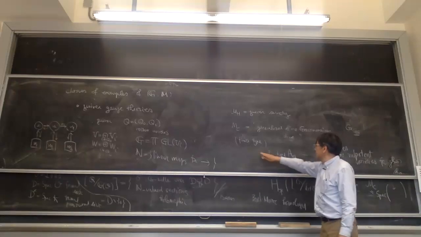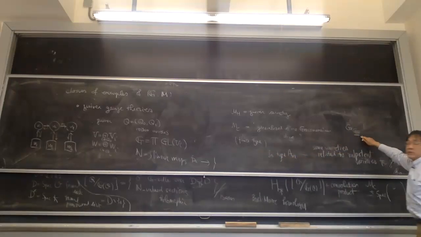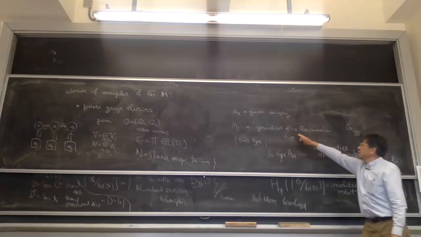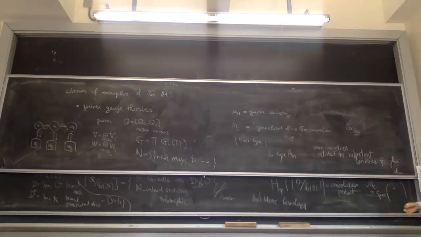But anyway, I just want to say that if I replace this type A by type D, then you get affine Grassmannian for classical groups. But it's not related to nilpotent orbits. This is something different. In type A, by some miracle, you have both the affine Grassmannian and nilpotent varieties related, but they are different varieties.